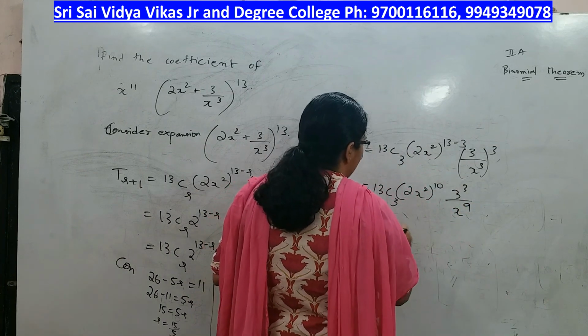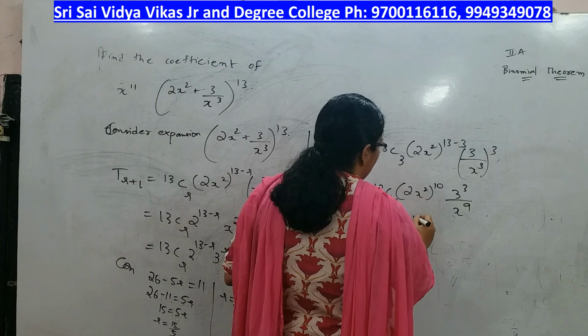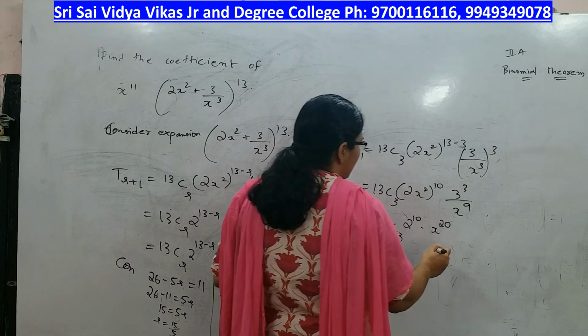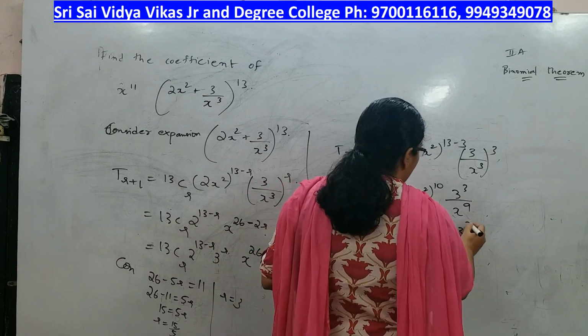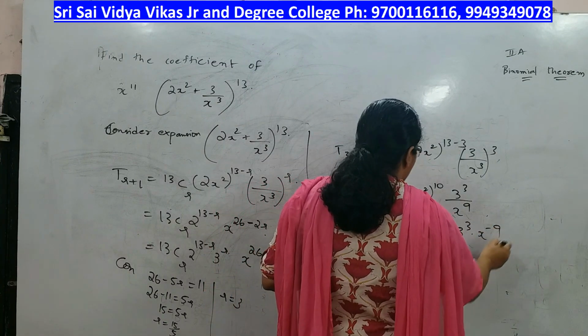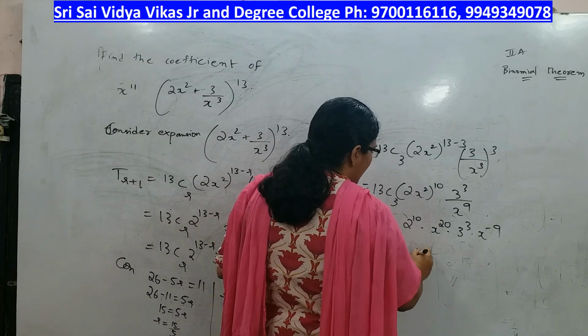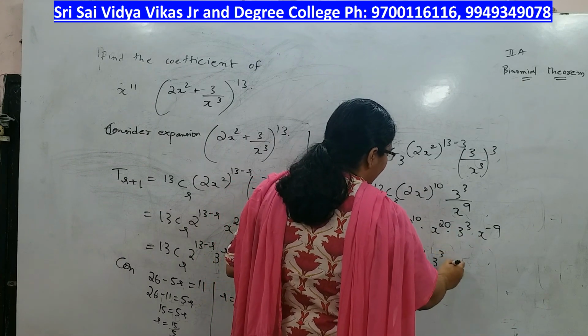So 13C3, 2 power 10 into x power 20, into 3 power 3 into x power minus 9, that is 13C3, 2 power 10 into 3 cube into x power 11.